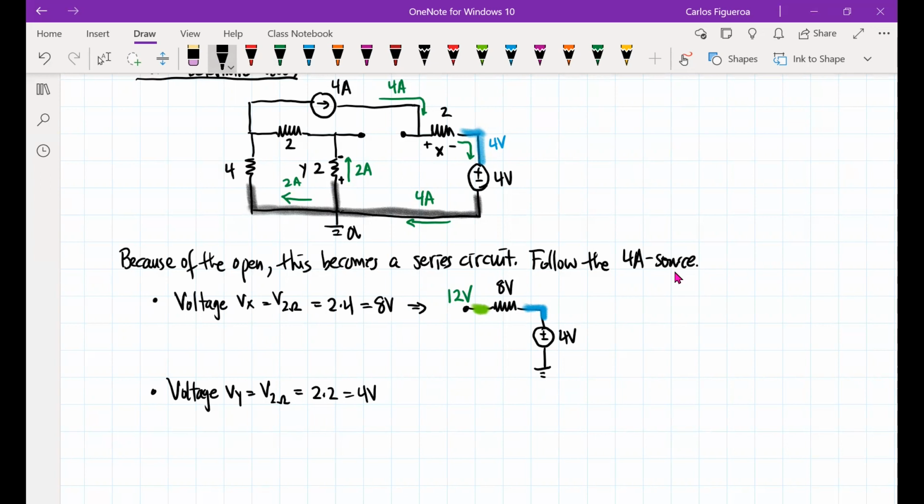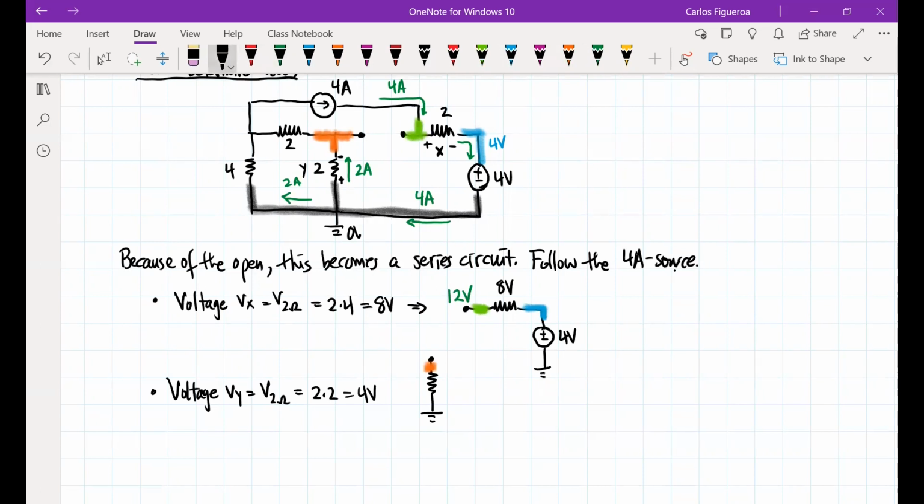But look at how the nodes are set up. If I look at this node, I have a resistor here, and this is my ground right here. So let's color this guy orange. So this is orange right here, and over here, this guy is green.